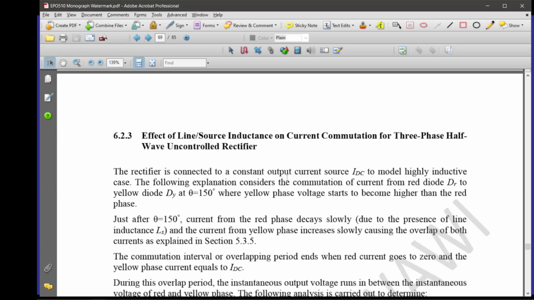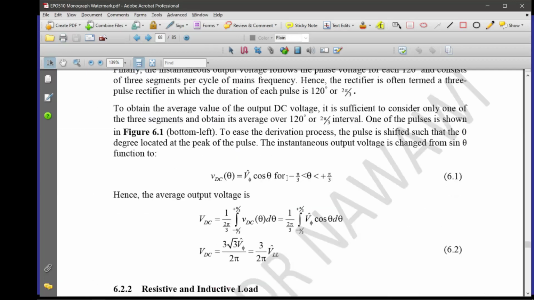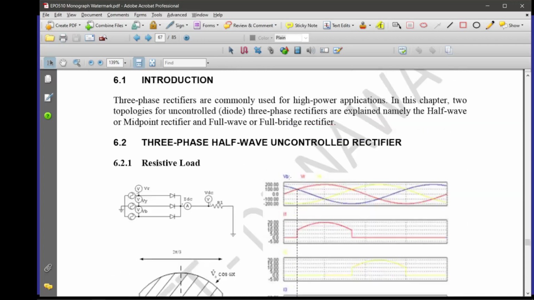for the three-phase half-wave uncontrolled rectifier. So we know that with a purely resistive load, the current changes, for example from the beginning here, you have the current flowing from the blue phase, and instantaneously after this 30 degrees, the intersection between V red and V blue, right after that intersection, the current in the diode will commutate to the red phase instantaneously.